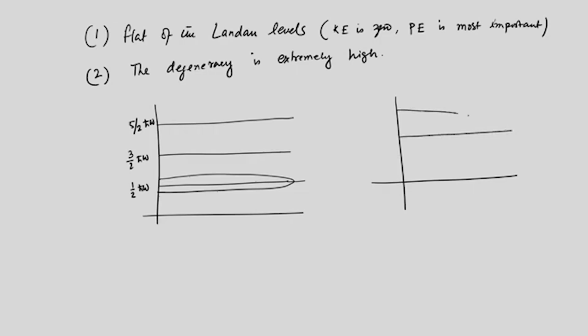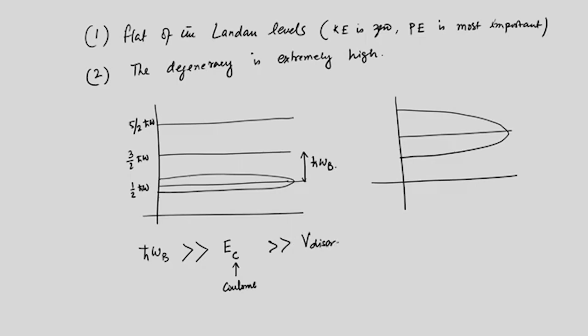Right now we talk about a hierarchy of energy scales. The Landau level energies, or the spacing between the Landau levels, known as h cross omega b, is much greater than E c, where the C refers to the Coulomb interaction between the electrons, and this is much greater than the disorder, which we have seen earlier.